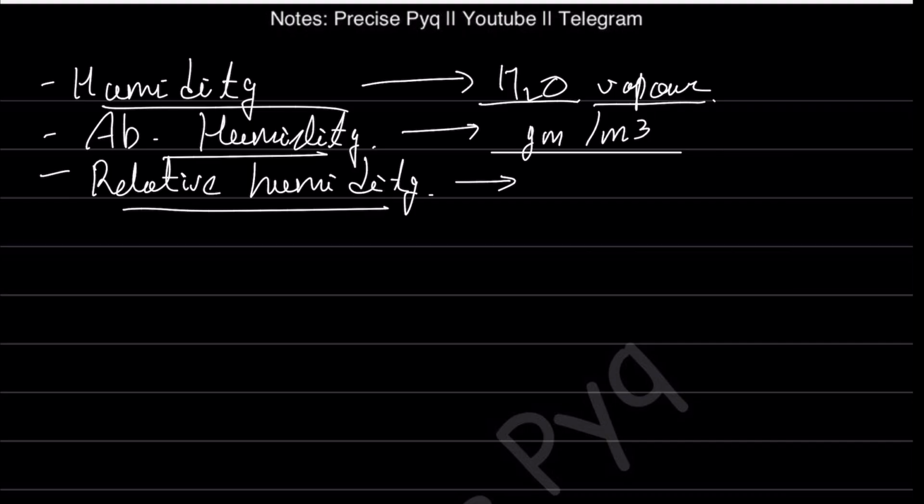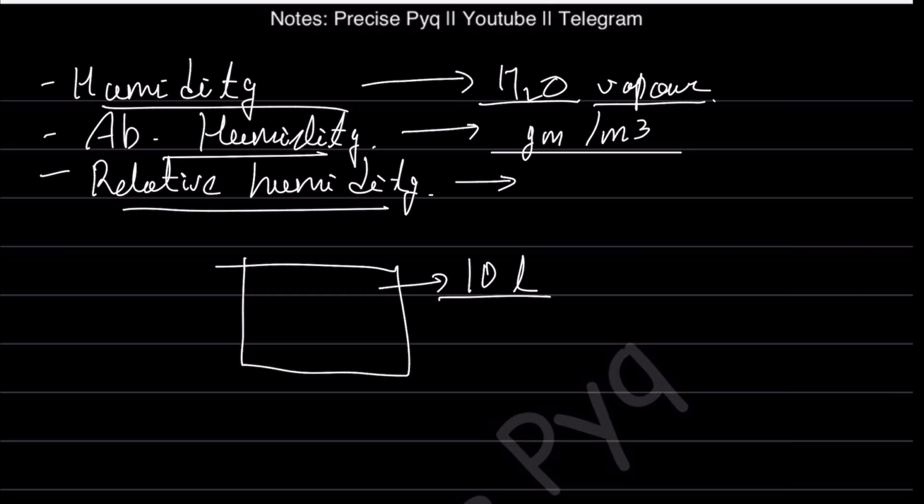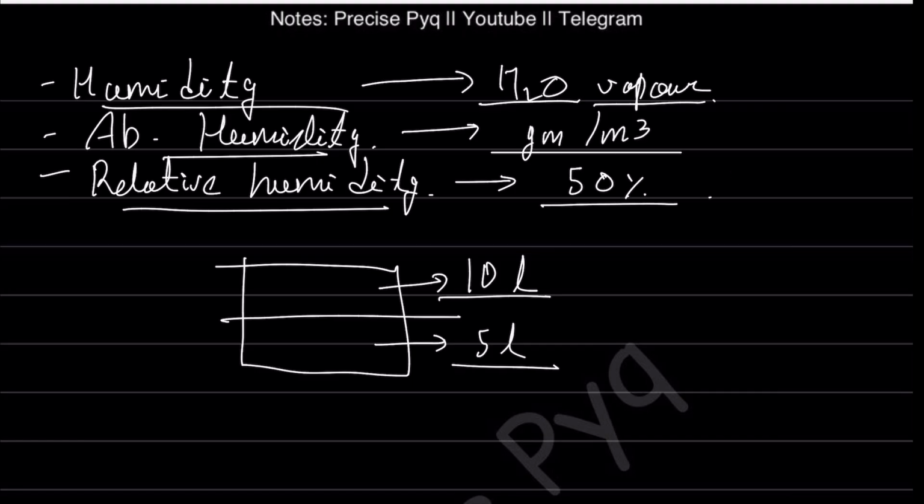Okay. Now relative humidity. Now if I say that an air parcel's capacity to hold water is 10 liters, and today it has 5 liters, so relative humidity would be 50%. So relative humidity is in percentage.